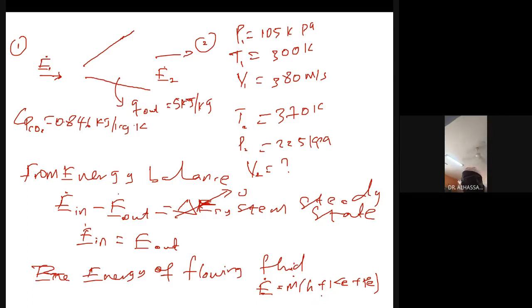This comes from the fundamental equation governing the energy of a flowing fluid.